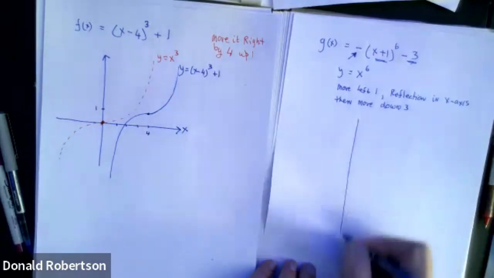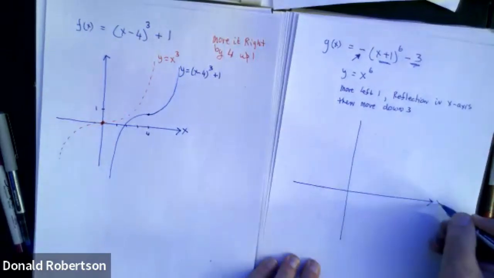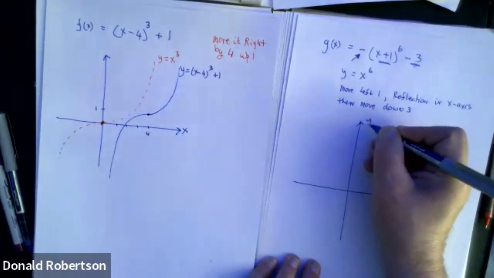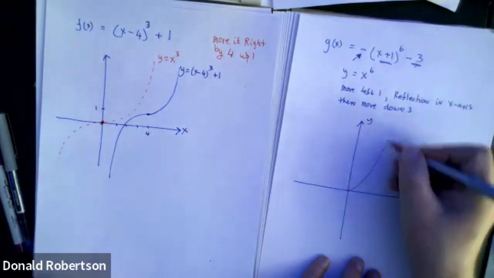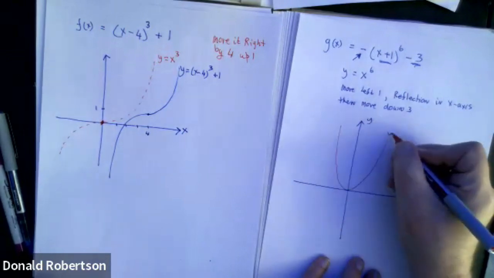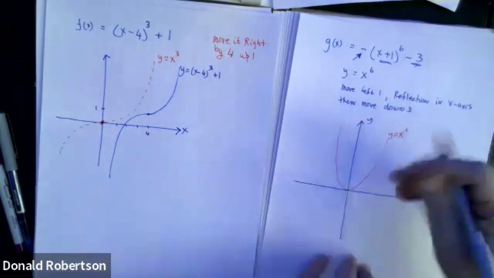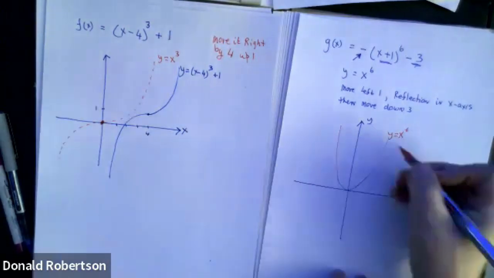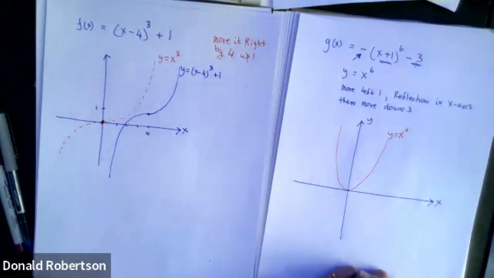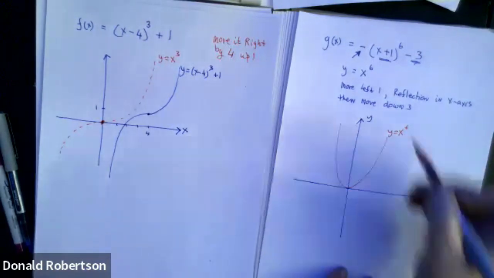So here we go. I'll start off with x to the 6, and x to the 6 looks just like x squared. It's just more vertical. Its y values are much bigger, but it's still got that shape. Oh, I should have done it in dotted line, but nonetheless, too late now.